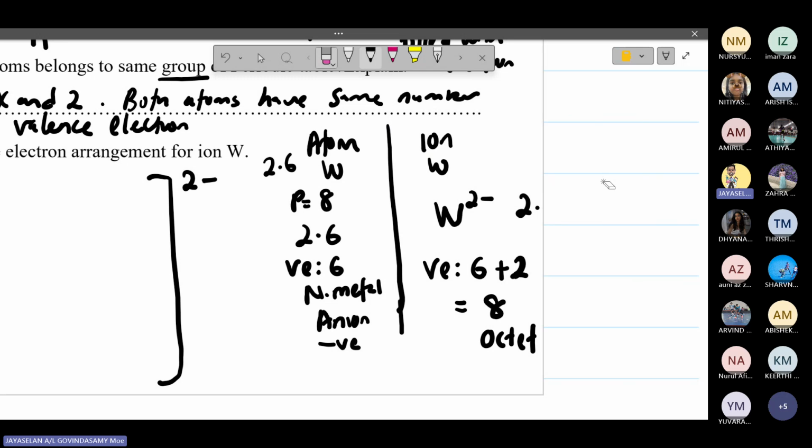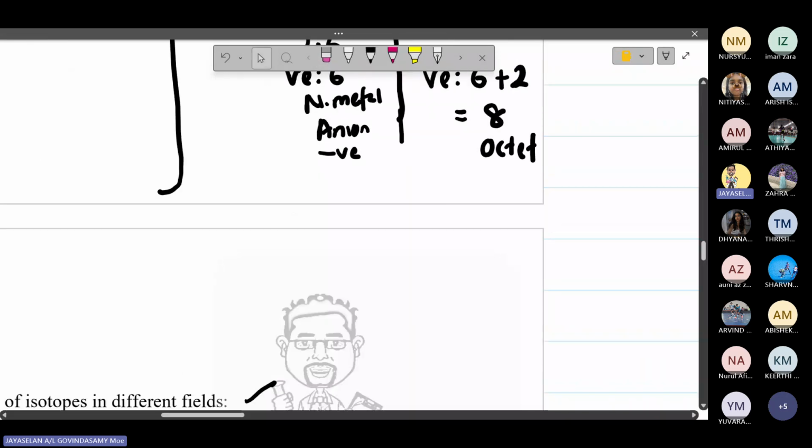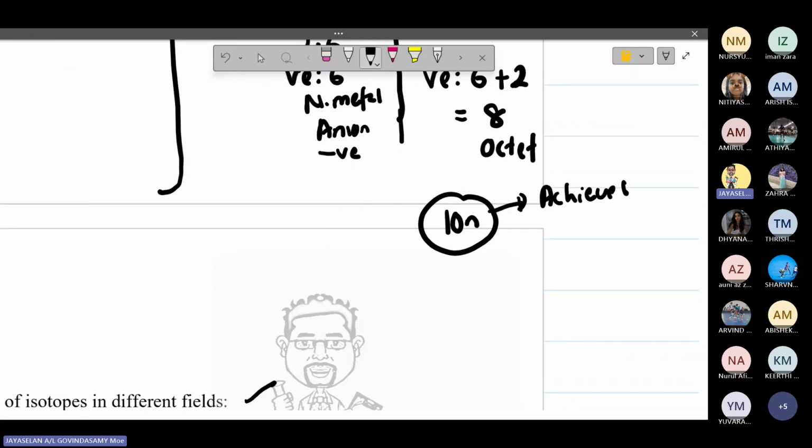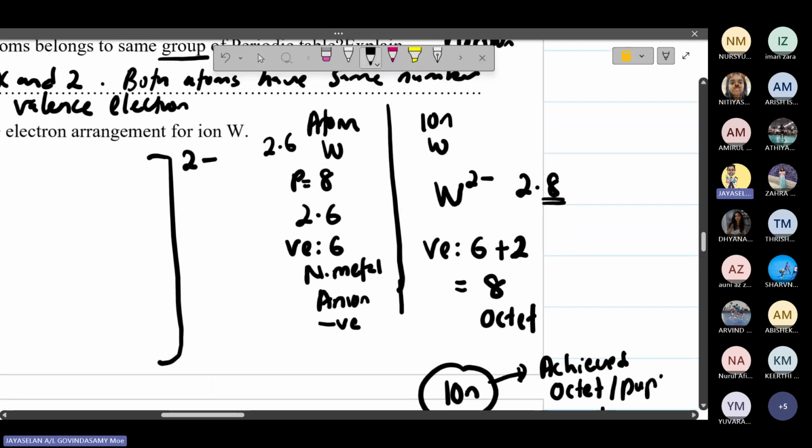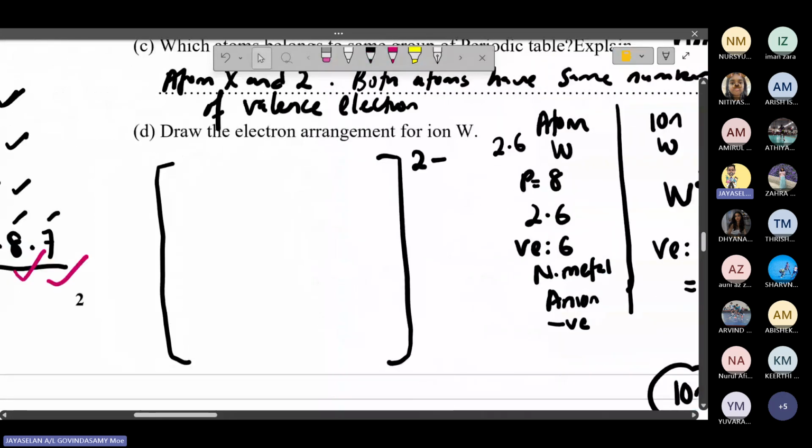So you get 2.8. When you put ion, must remember it has already achieved stable octet or duplet electron arrangement. That means the valence shell must have 2 or 8. Already achieve octet. You see here, already got 8. Any question?